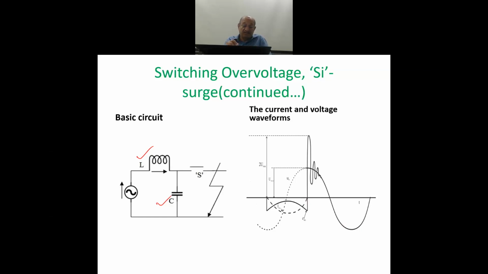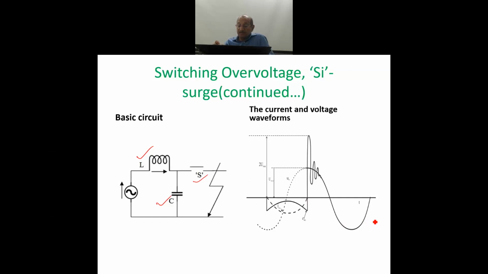And this is a switch, as you can see. So when the switch operates and interrupts a very high magnitude of current, before that, the regular power supply voltage was there, as you can see here.